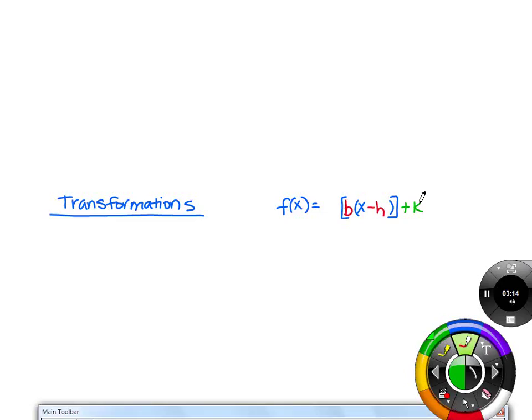If we put plus 5 at the end of the absolute value function, what was that going to do to our parent function? Good, a vertical shift, move it up 5, right? And then there could be a number multiplying out here as well. And again, it could be positive, it could be negative, and the value of the number will matter as well.